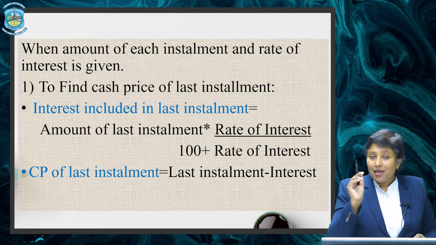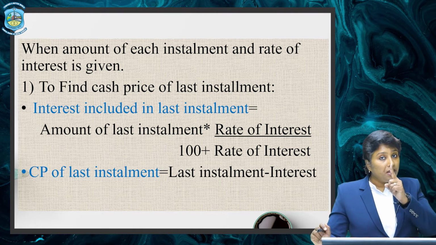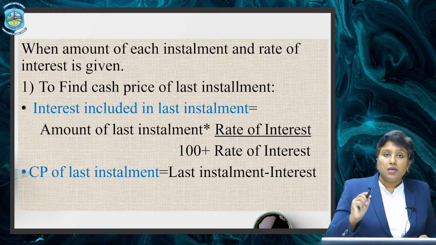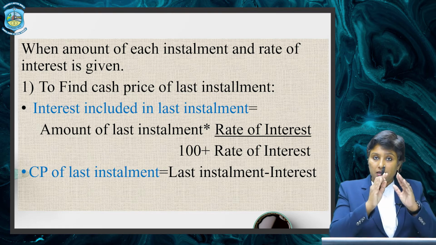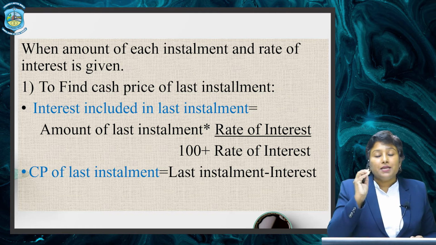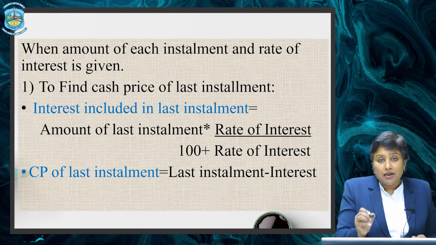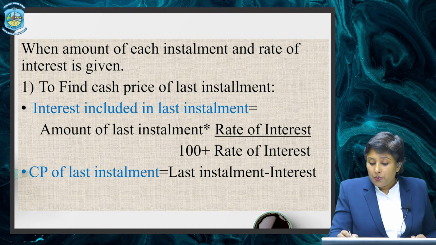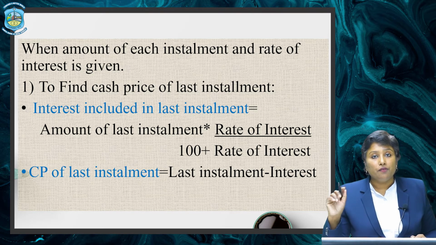When the amount of each installment and the rate of interest is given, each installment means breakup of hire purchase price, then first step, find out the interest included in the last installment. Okay, we start from the downward. So calculate interest included in the last installment. So write down the amount of last installment that will be given to you in the question, multiply it with the rate of interest and divide it by 100 plus the rate of interest given.